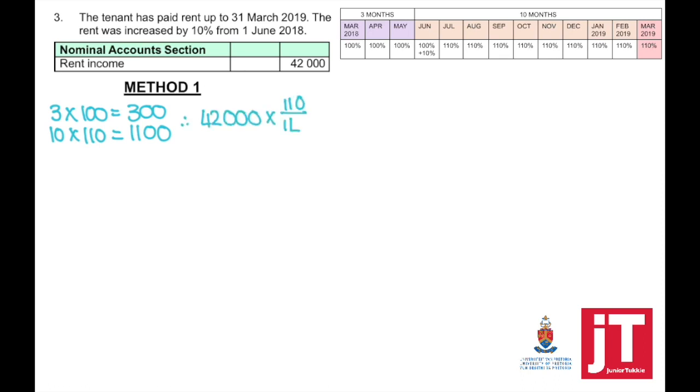So now, what do we want to calculate? We want to find out what was the amount that we've received in advance, which is after the increase. That's why we're going to say times 110 divided by 1,400. If you add those two up together, it equals 1,400. This will provide us with the monthly rent after the increase.